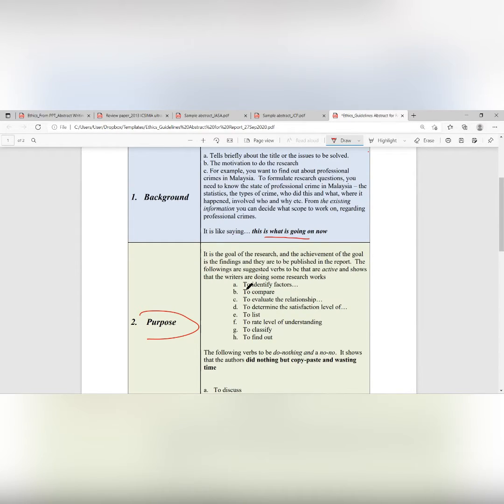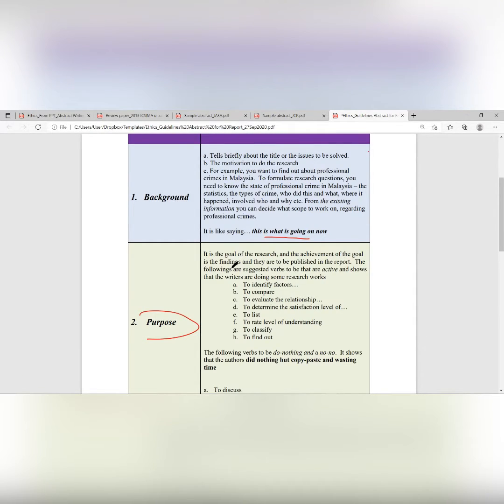So let's say that the purpose of this project, or the purpose of this paper, let's say that we want to compare. So when we compare in the body of the research of the report, people may know which one is high, which one is low, or which one is good, which one is bad. So we have some sort of a comparison that we may show later in the body of the report.